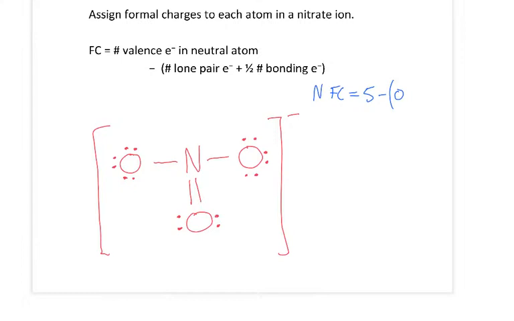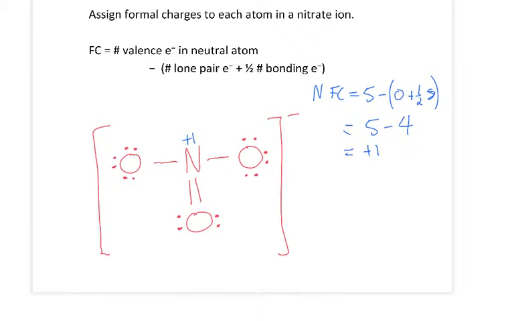So if I look at the Lewis structure, nitrogen has 2, 4, 6, 8 bonding electrons around it, and I get to count half of those. So that's going to come out to be 4. So 1/2 of 8. And so the formal charge comes out to be 5 minus 4. So the formal charge on nitrogen is +1.